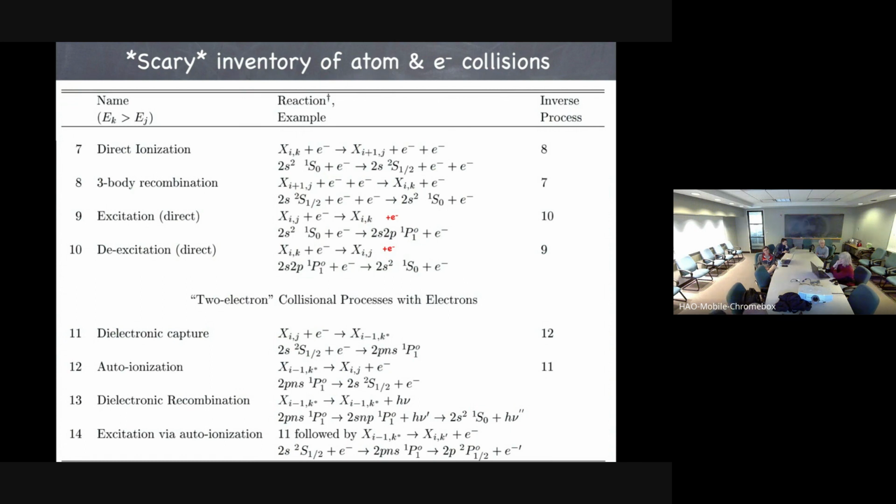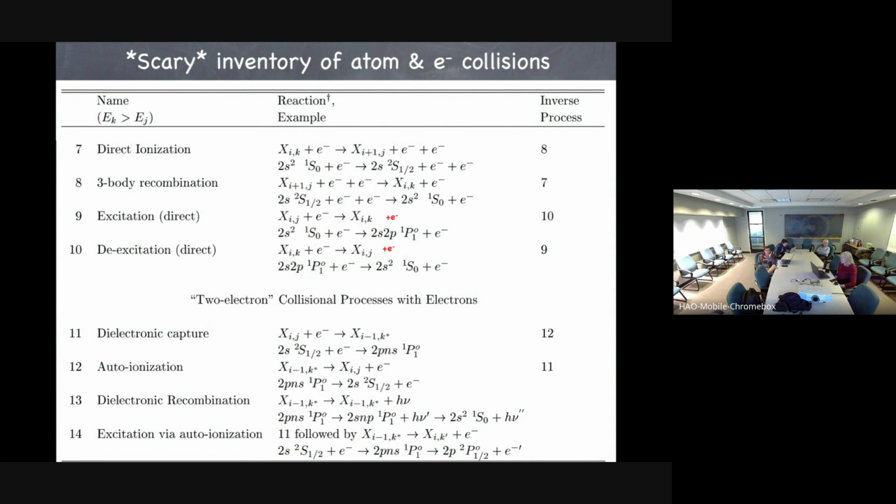This one, on the other hand, number 11, if you look at that, what we've got there is a 2s electron sitting there in the same way. It's being impacted by an electron, but now what it's done is it's excited the 2p electron and an ns electron.